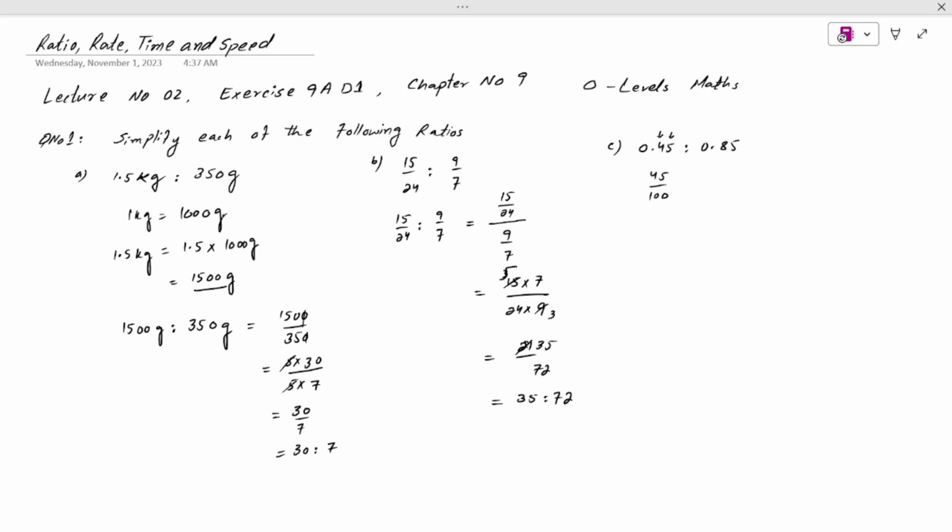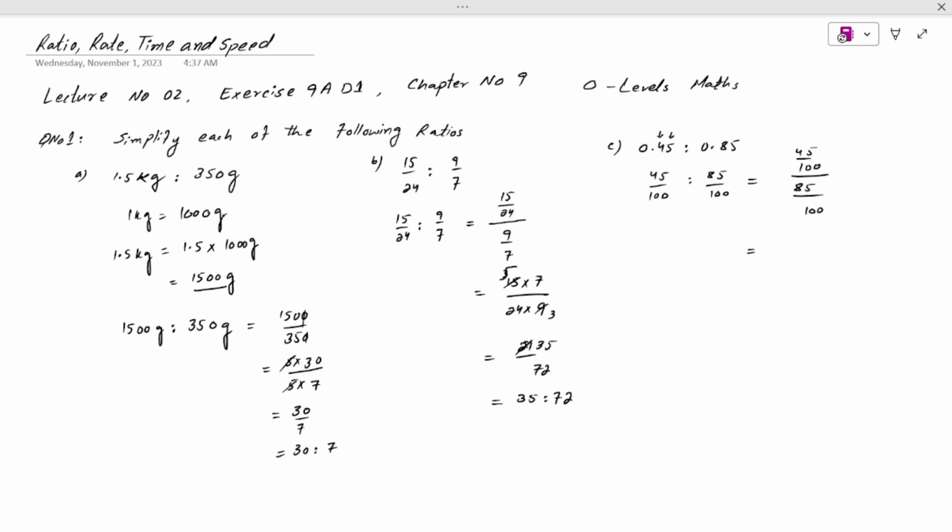So we put two zeros after one in the denominator. Ratio 85 over 100. Now we convert this ratio into a fraction as 45 over 100 divided by 85 over 100.